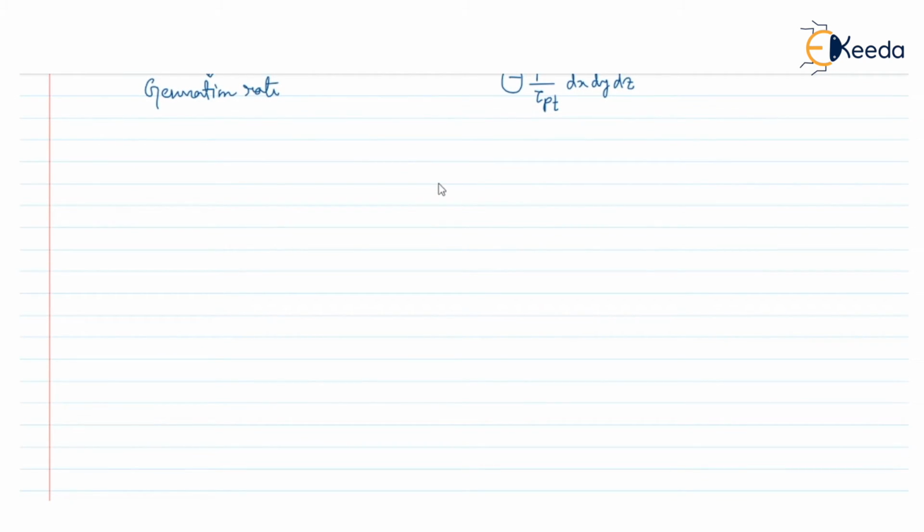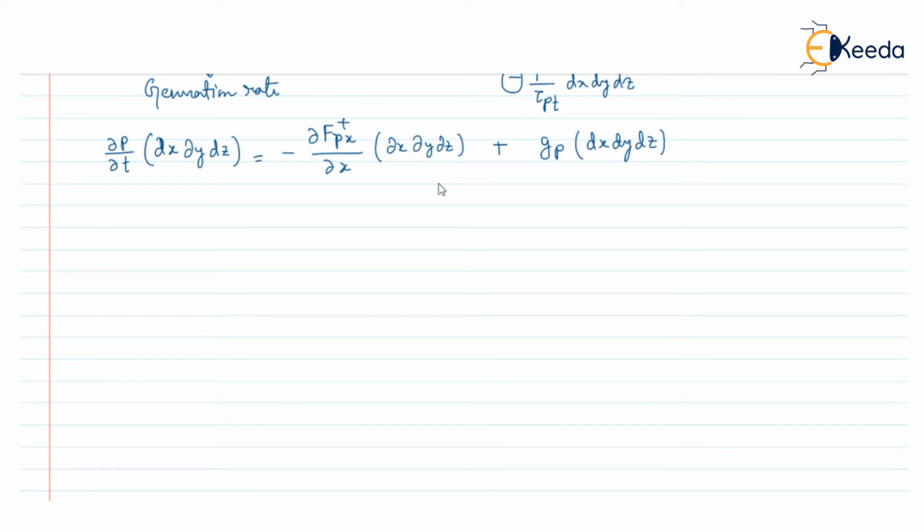We can write equation 3 as follows: del p by del t within the volume dx dy dz, this is the differential volume, will be minus del Fpx plus by del x into the volume dx dy dz, plus the generation rate Gp dx dy dz, minus the recombination rate for holes, p by tau pt, where tau pt is the recombination lifetime of the holes, times dx dy dz for the elemental volume. Let us denote this as equation 4.